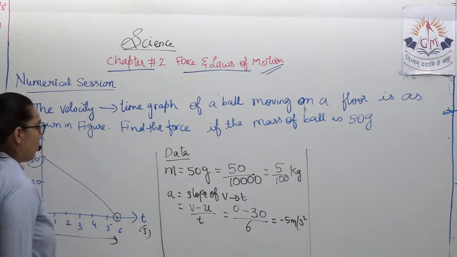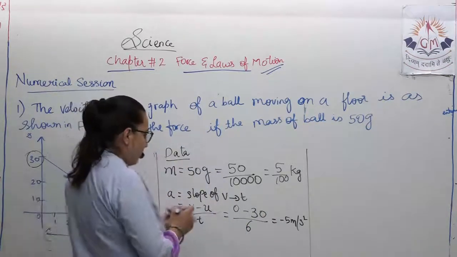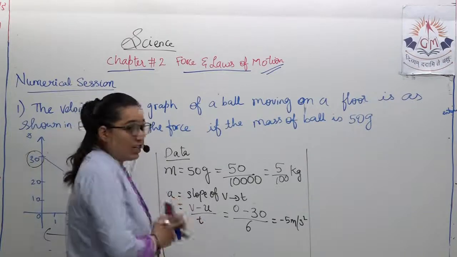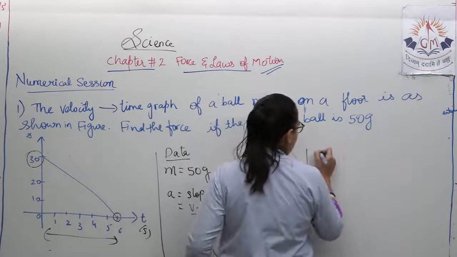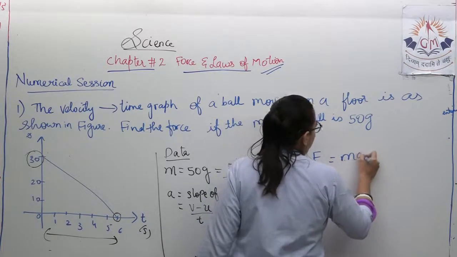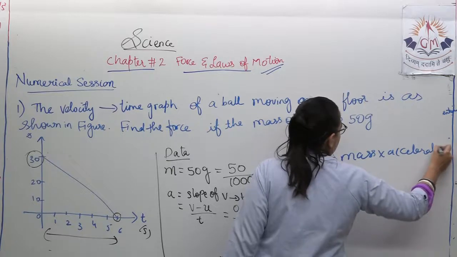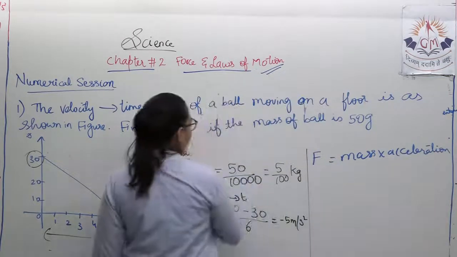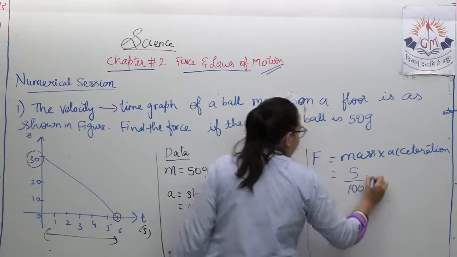Now next, force. You have mass, you have acceleration. To find out force is just a game for you now. What is the basic formula for force? It is mass into acceleration, right? What's mass now? It's 5 by 100. What is the acceleration?